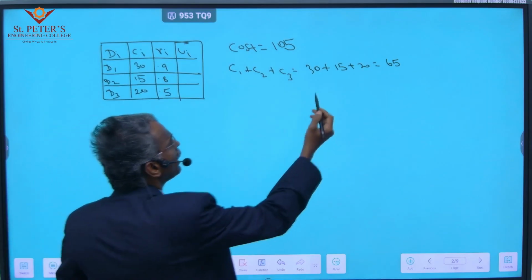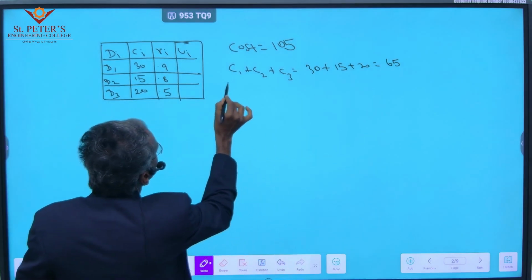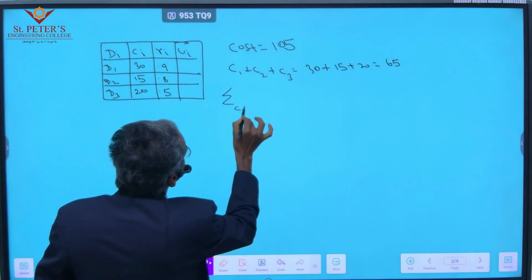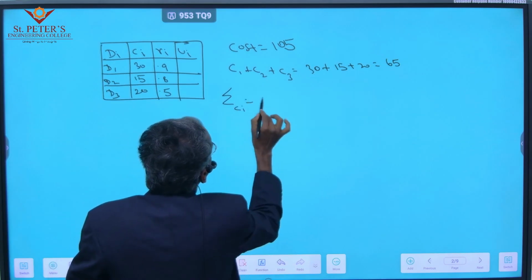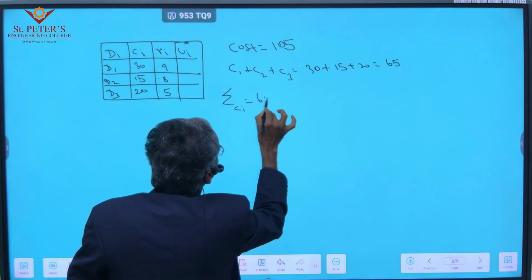How much do we have remaining? This is the summation of all costs C1, C2, C3, which is $65.